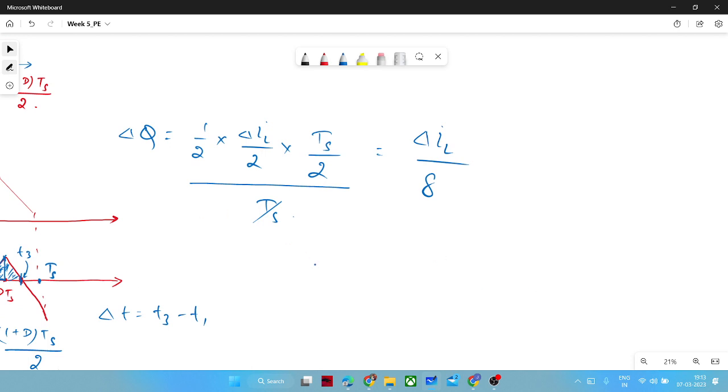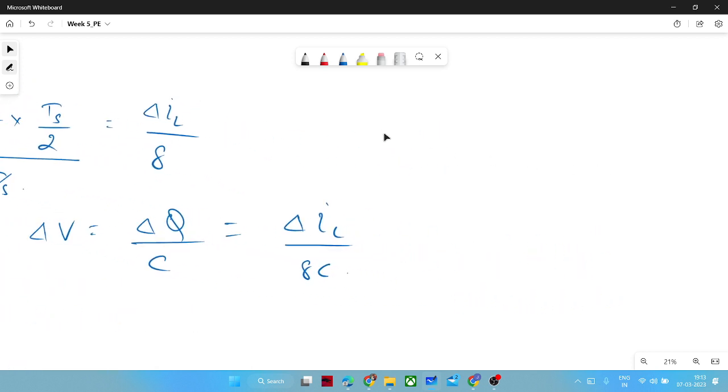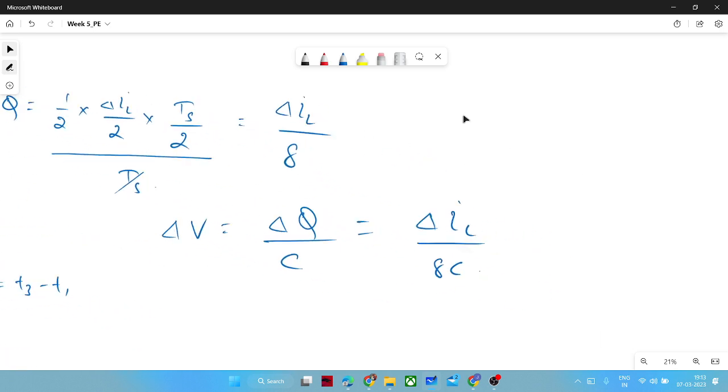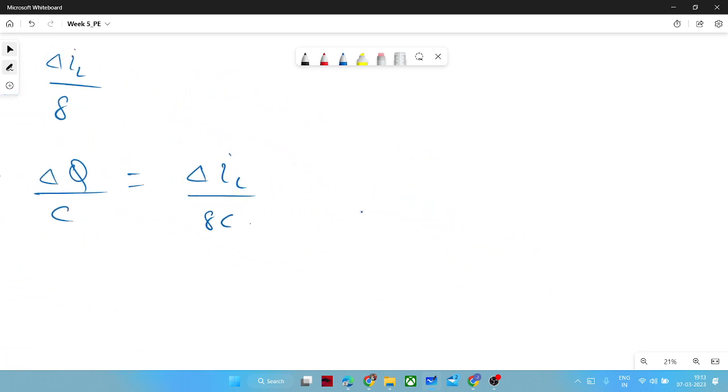So that is our del Q, and del V will be nothing but del Q by C, which will lead to del IL by 8C, and del IL we computed already, right? So del IL was nothing but (1 minus D) into L, over 8FC.